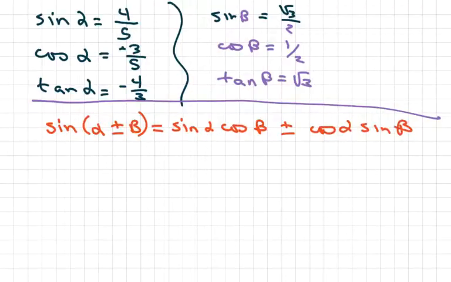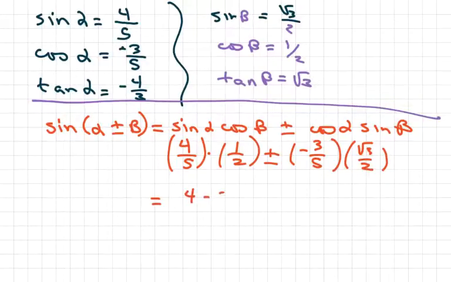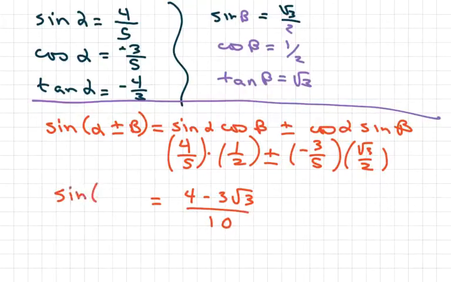And so that's going to be 4 over 5 times, I'll just put these in parentheses, 1/2 plus or minus negative 3 over 5 times square root of 3 over 2. And when you simplify that, you're going to get 4 minus 3 square root of 3 over 10. And that one's going to be your sine of alpha plus beta.